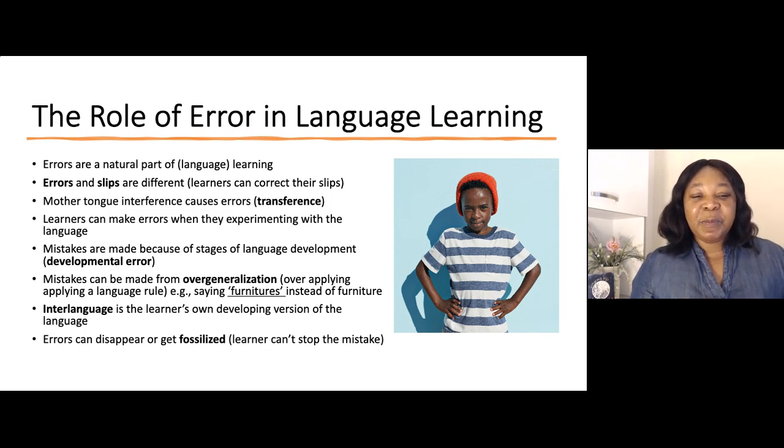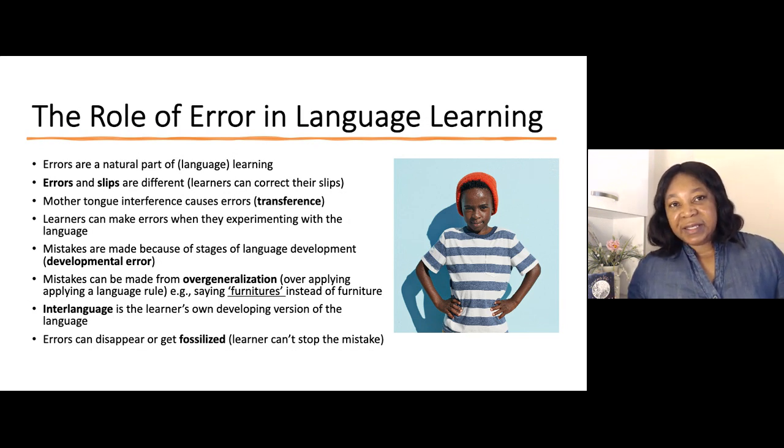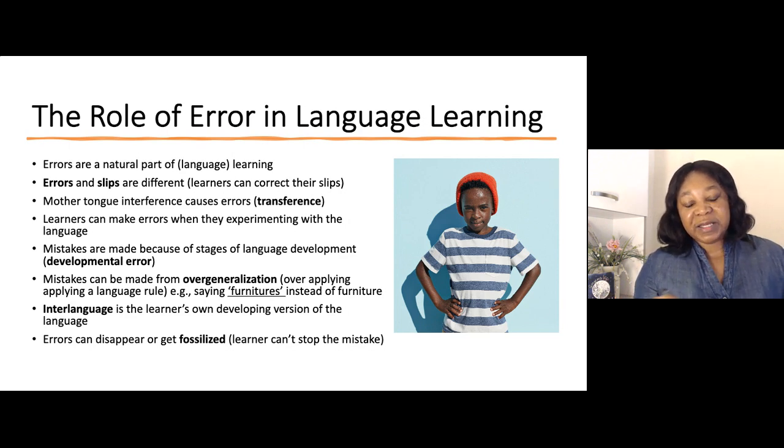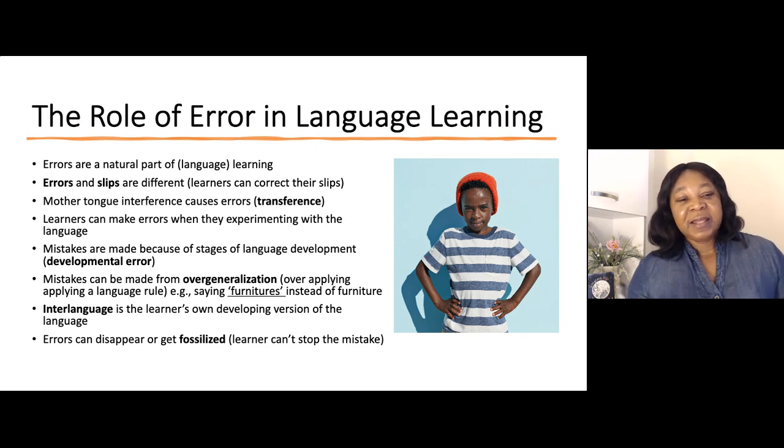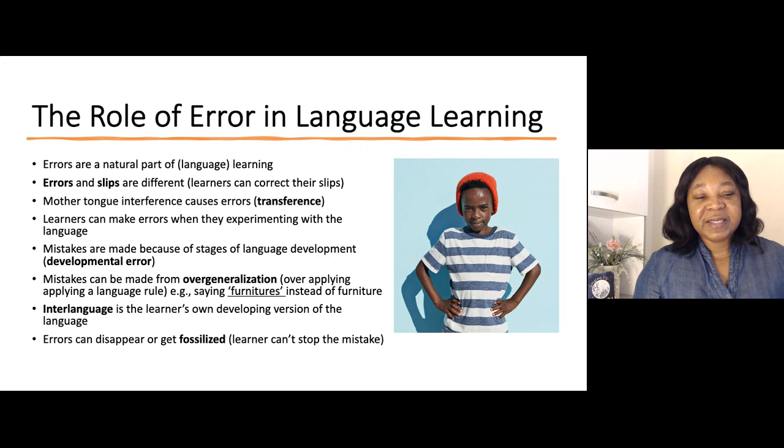Okay, so a developmental error, how do we find that out? If you see that a learner is writing, even in IELTS, if a mistake happens once, and in another place the learner gets it right. So, for example, maybe there's a mistake in the spelling of a word, it repeats and the spelling is correct. Then it's not a developmental error, it's a slip.